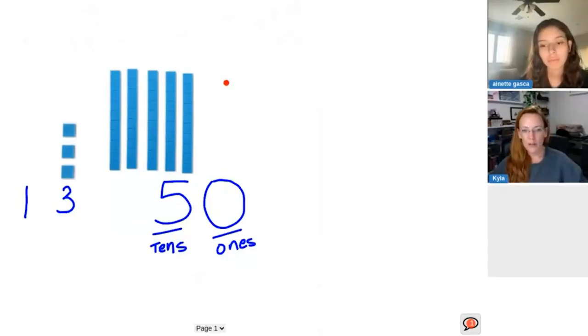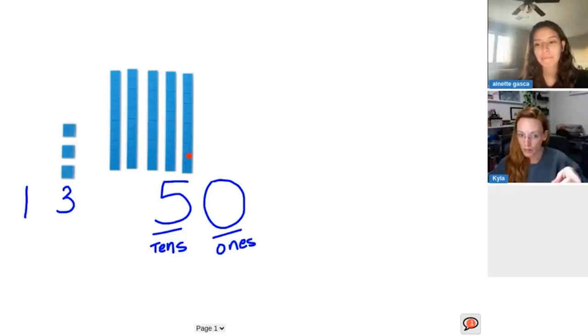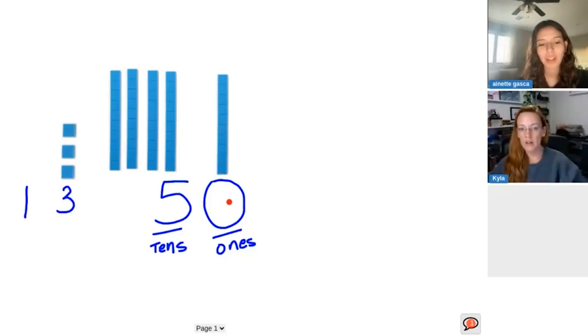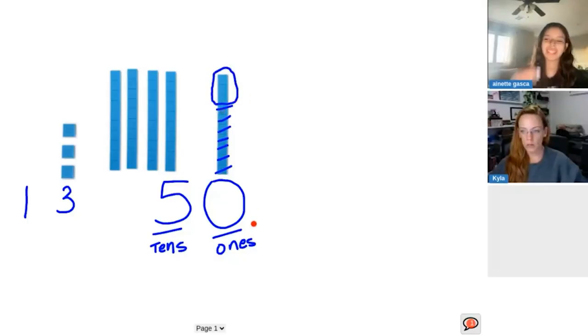But I don't have any little ones to go 1, 2. But I can take one of these and put it over there. Now I can take 7 from it, right? I could go 1, 2, 3, 4, 5, 6, 7, and have 3 left over.